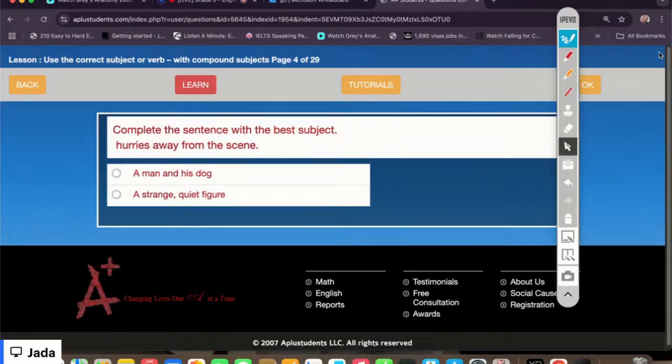First or second? So we have a strange cloud figure.